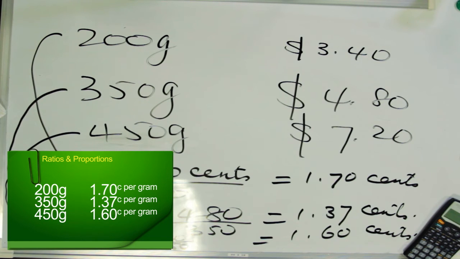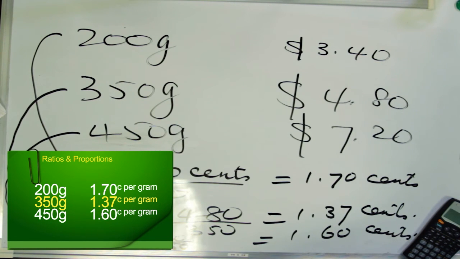Whereas for the 450 gram tin, you paid 1.60 cents for every gram. The smarter shopping there is the 350 gram tin, where every gram costs 1.37 cents. The next best is 1.6 cents for the 450 gram tin.